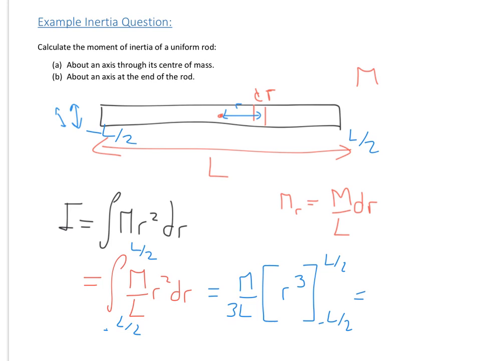And when you multiply those out and gather the terms, you end up with ML squared over 12. And this is the moment of inertia. So what we can see from this is the bigger the mass, the greater the moment of inertia. We can see that the greater the length, the greater the moment of inertia, and actually that's squared, so the length is actually more important in the moment of inertia.